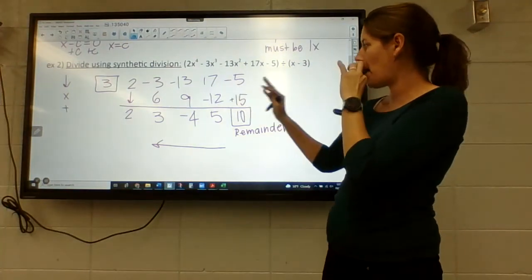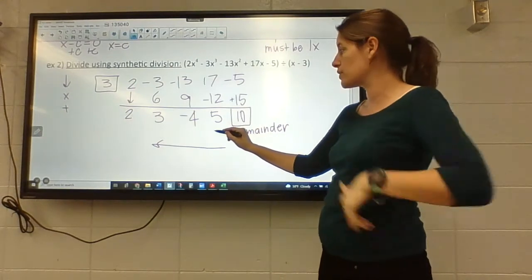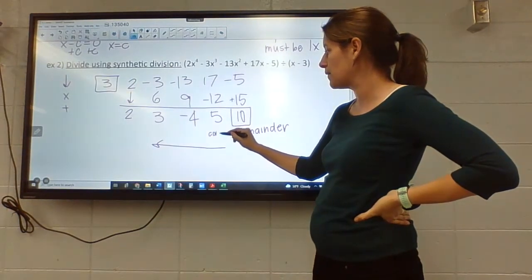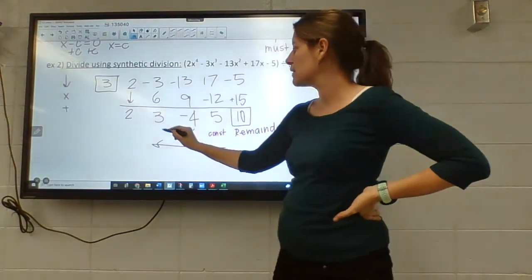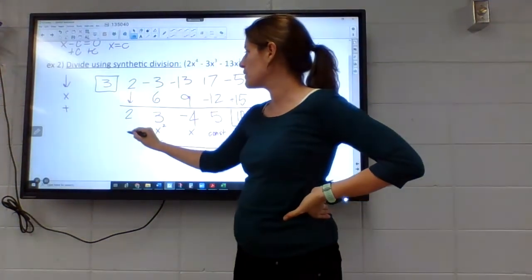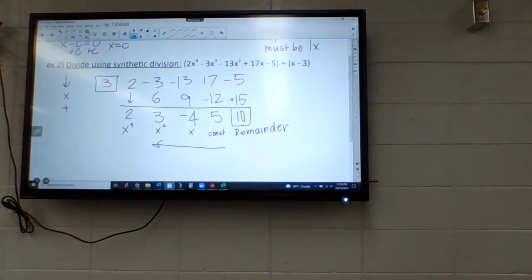So work your way backwards. This is going to be the one without a variable at all. So this is called our constant. Then this would be the x, this would be x squared, and this one would be x to the 3rd. So I work my way the opposite way to name those to make sure I have all the right things in the right spots.